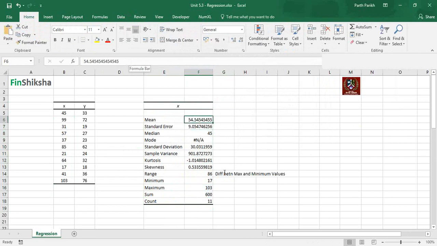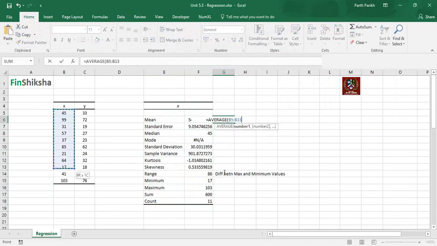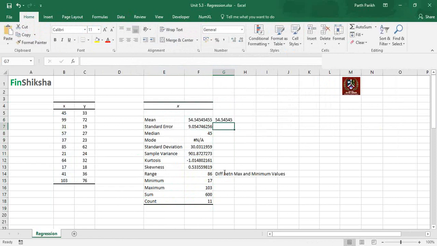Mean is basically an average. So if I take the average of all the numbers, I'll get the mean, which is 54.54. It's more like a central value. When we do a normal distribution, which we have done in statistics, it's like a central point. Standard deviation and variance are more like, from the mean, what is the deviation of the other values.